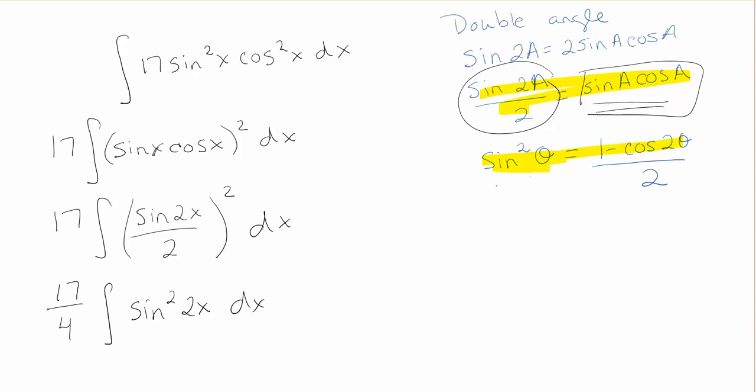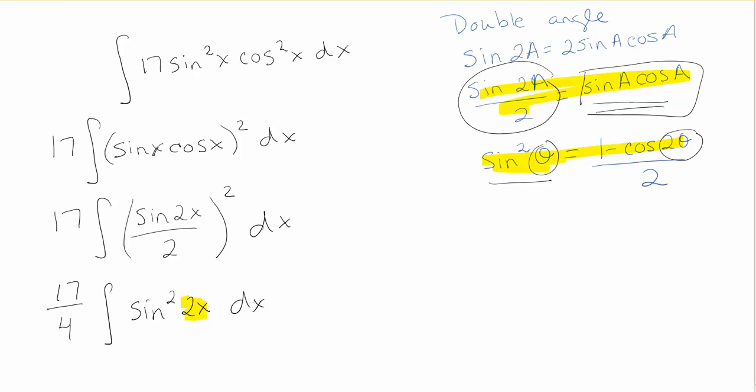Now let's come back to this identity. The sine squared of an angle is equal to 1 minus cosine 2 times the angle over 2. So what is our angle here? Well, our angle is this entire thing, 2x. So instead of theta, imagine that you have a 2x.